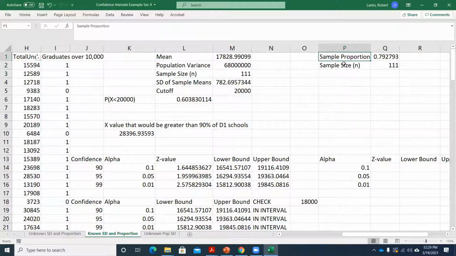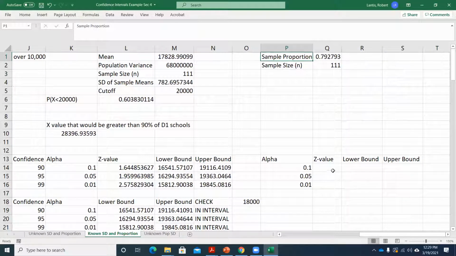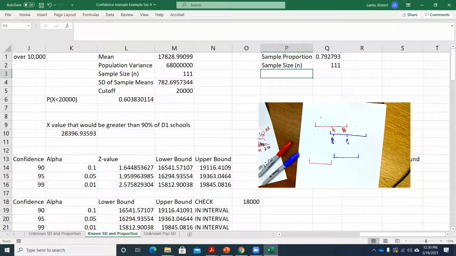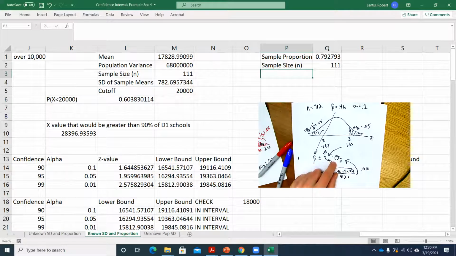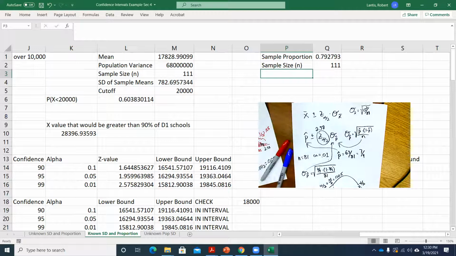I've got my sample proportion. The only other thing I need is to find my z value. And I could also find the intermediate value of the standard deviation of my sample proportions. So I've got the equation right here for that.